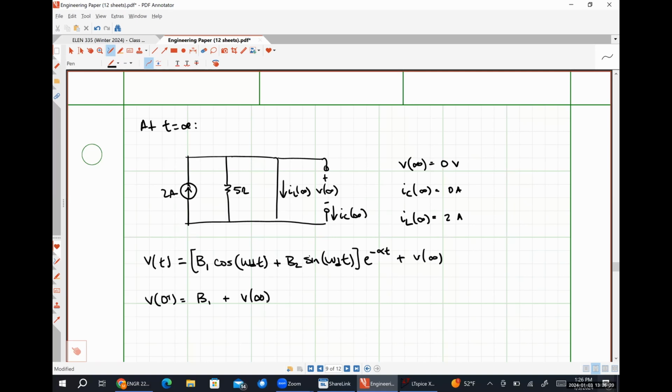Because cosine of 0 looks like 1, sine of 0 looks like 0, which makes the whole second term go away. E to the 0 looks like 1. So the only thing that survives is just B1. So V at 0 plus was 0, V at infinity was 0, so B1 must be 0 volts.